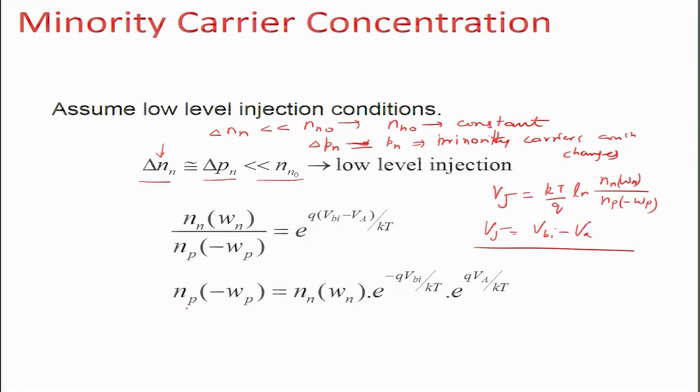So now using this equation, if I flip it over, I get Np(-Wp) is equal to Nn(Wn) multiplied by exponential of minus qVbi divided by kT into exponential of qVa divided by kT. What is Nn(Wn)?